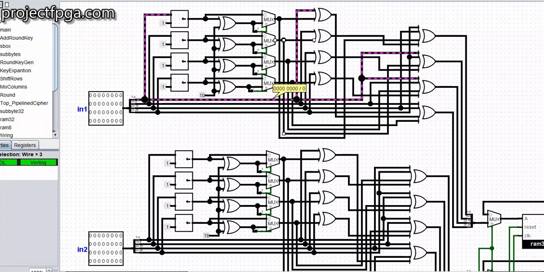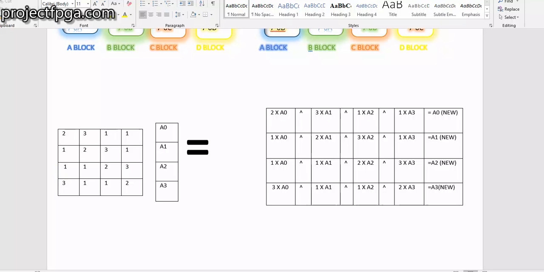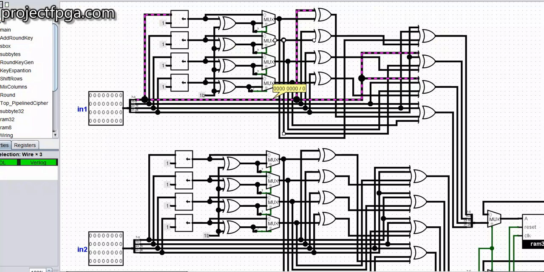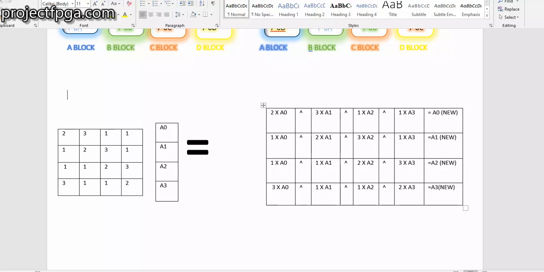You can see it went to the third XOR also. Then you have 1 multiply A1. That is A1 left untouched, which is this one. You can see it went to the third XOR gate also.